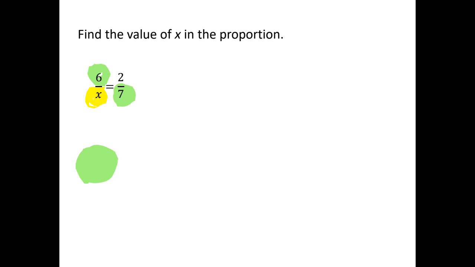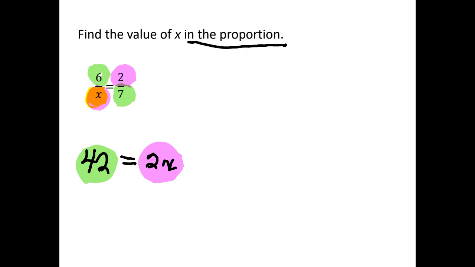Now, this time, I'm taking the 2 and the x and putting it here, which is going to give me 2x. And I'm going to put an equal sign in there because we're finding the value of x. I am dividing by 2 because I want the x all by itself, which is 21.